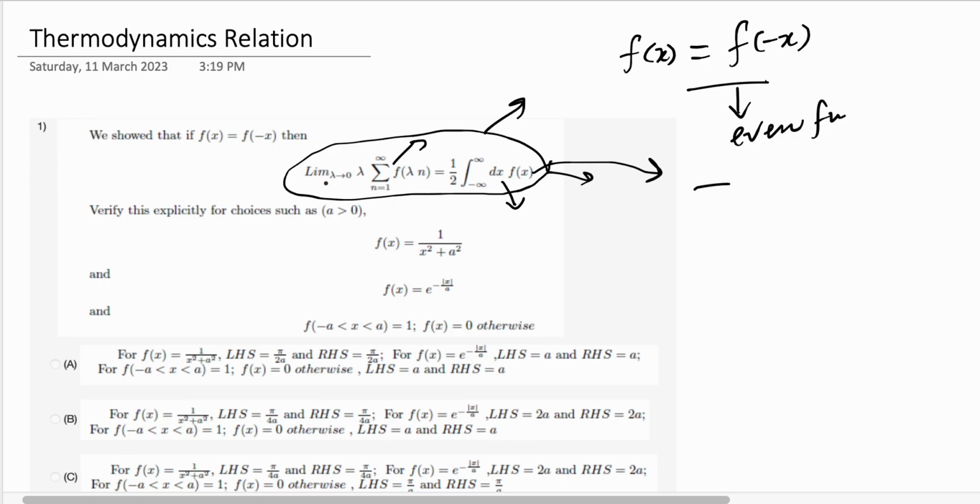Now the theorem, as it is said in the course, says that limit lambda tends to 0, lambda times this sum can actually be written as half into the integral from minus infinity to plus infinity dx f of x.